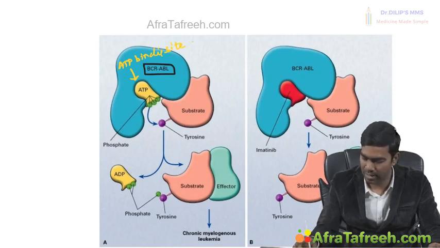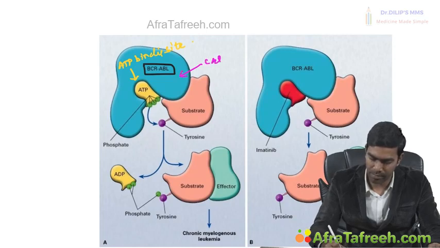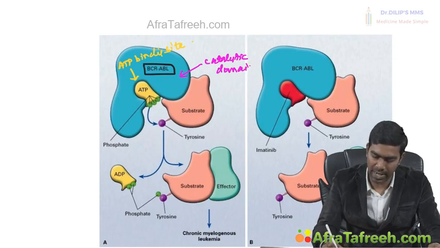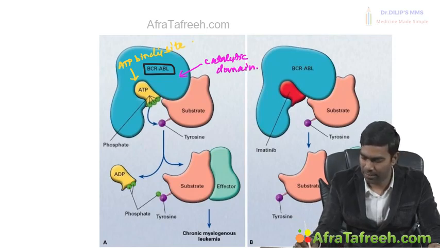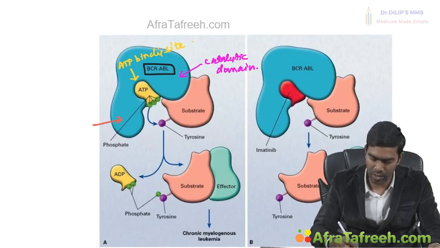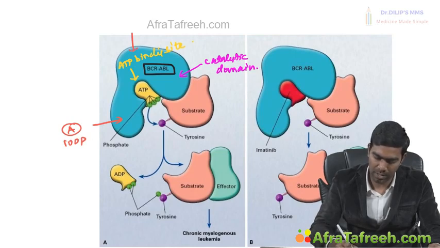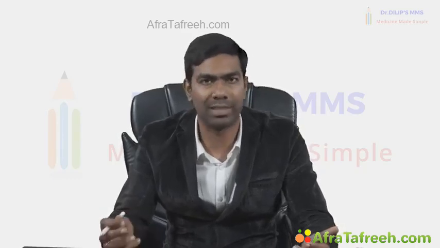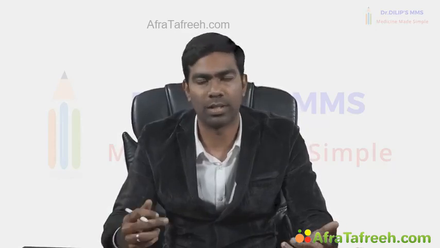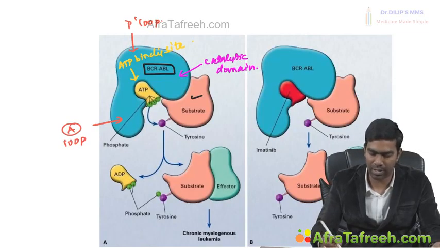And you can see this is the catalytic domain, and this one we call the A loop, and this one typically we call the P loop. So these are the four principal components of a BCR-ABL fusion protein: your A loop, P loop, ATP binding site, and the catalytic domain where the substrate is catalyzed.